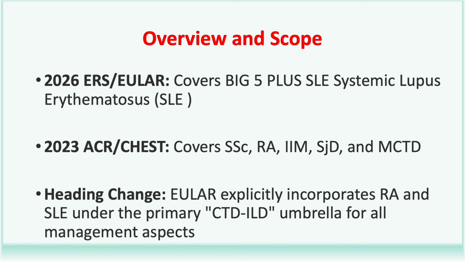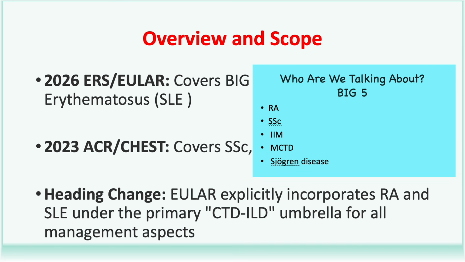So, what is the overview and the scope of this paper? As I said, the ERS EULAR covers the big five along with SLE. And the big five that were included in the 2023 paper by ACR ACCP included rheumatoid arthritis, systemic sclerosis, idiopathic inflammatory myopathies, mixed connective tissue disease, and Sjogren's disease.